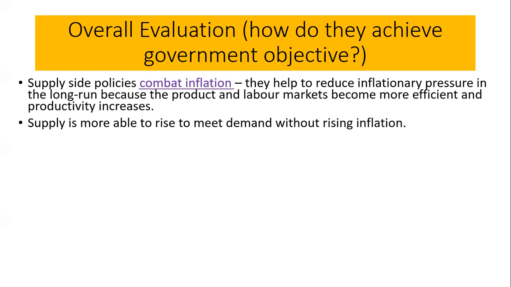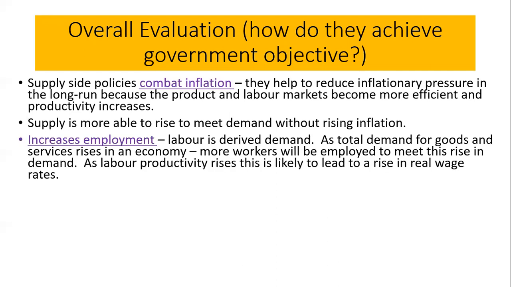So if we increase the supply side of the economy, that will be able to meet growing levels of demand, and that will stop rising prices. So supply is increasing along with the increase in demand. And so therefore everything's just simply increasing, shifting to the right, and prices are remaining stable.